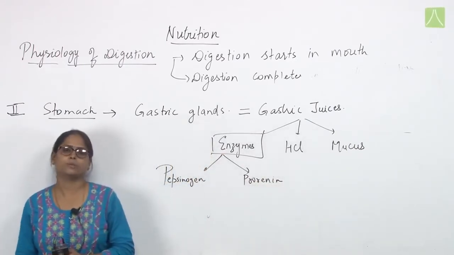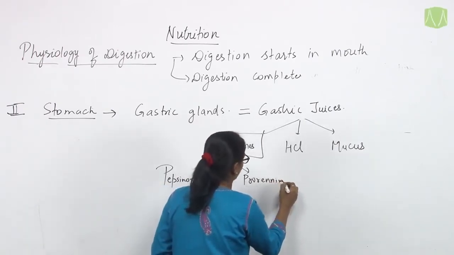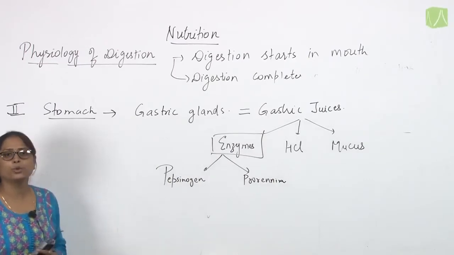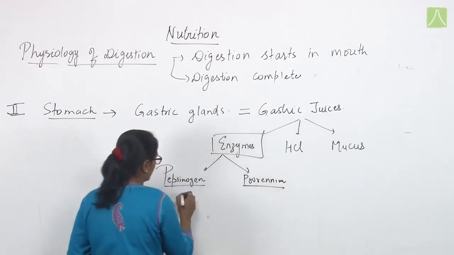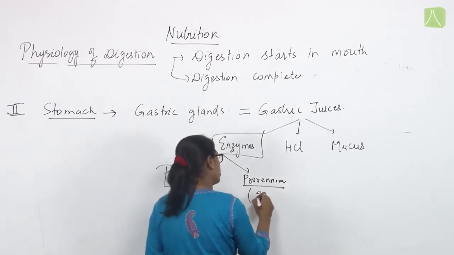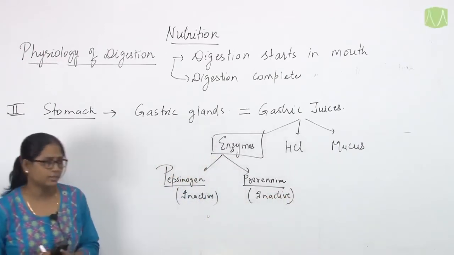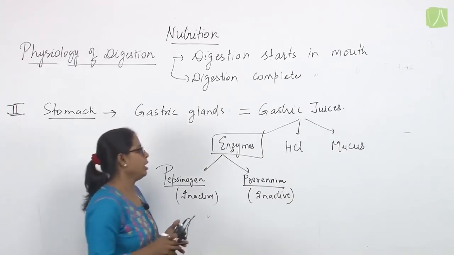Pepsinogen and prorenin, with a double n. These two are protein digesting enzymes present in their inactive form, which become active whenever protein digestion is required.